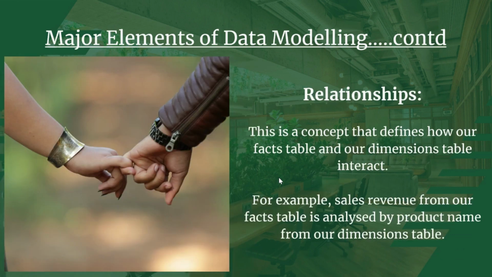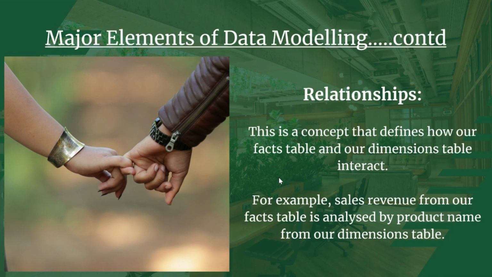Relationships. A relationship is a concept that defines how our facts table and our dimensions table interact. For example, sales revenue from our facts table is analyzed by product name from our dimensions table.